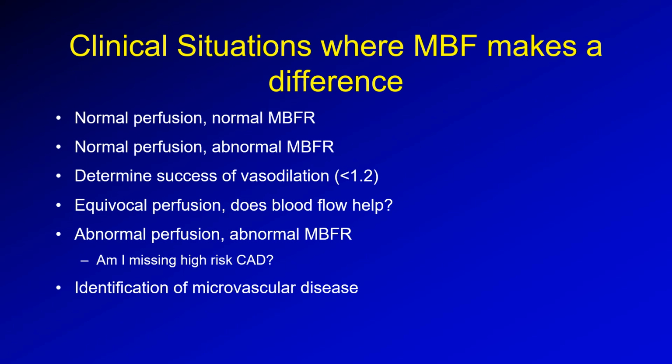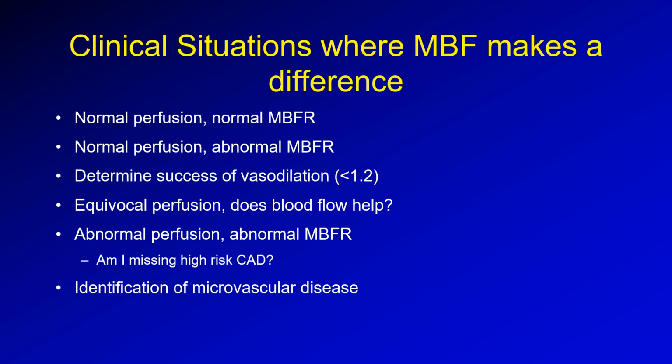Patients with normal perfusion but abnormal blood flow reserve, these are patients that would need further evaluation and most likely have microvascular disease. People with normal looking perfusion but abnormal blood flow may also have multivessel disease or global ischemia. So those are the patients that should go to the cath lab.